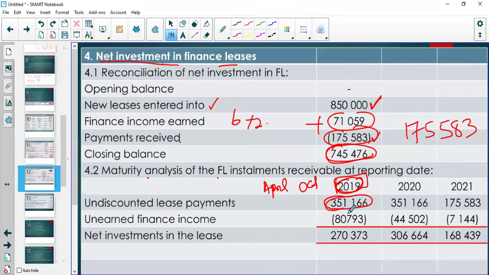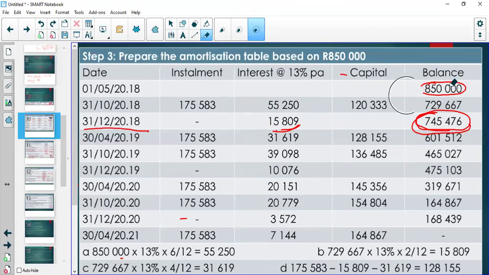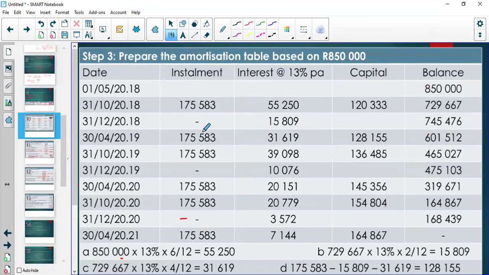Of that amount, how much will be the interest? So you come to your amortization table. The interest for the financial year 2019 is this amount. You remember that this 4-month period, plus the 6, plus the 2 months.